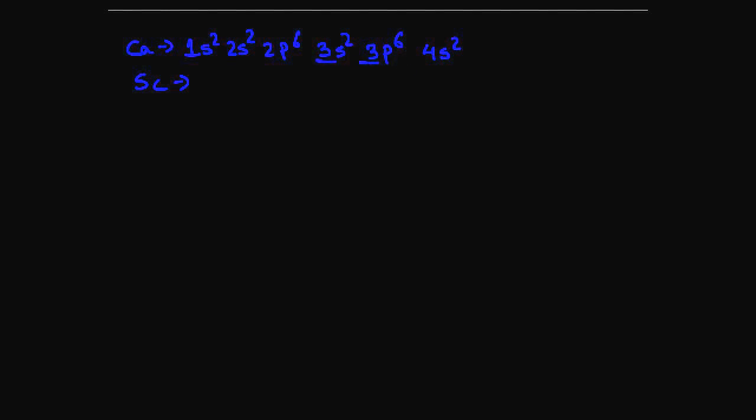So now we'll be going back to the third principal quantum number. So for scandium it is 1s2, 2s2, 2p6, 3s2, 3p6, 3d1, and 4s2. That is 3d1 and 4s2.